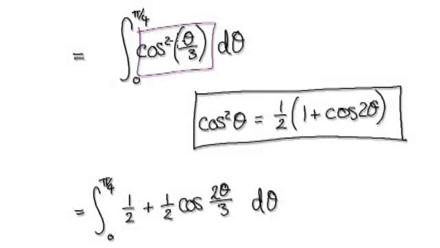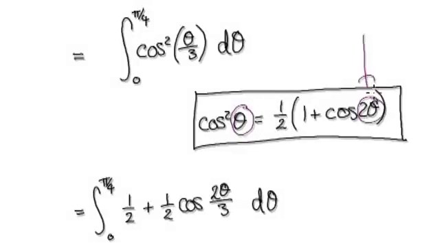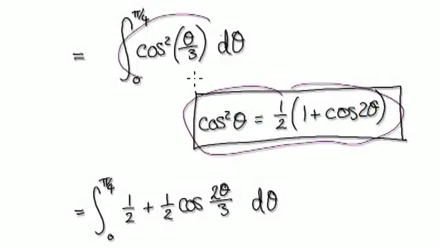To integrate this, every time you want to integrate cos squared or sine squared, you should think about this. If you have an angle theta, then this angle here will be twice this angle here. So making use of this, we can break this down to this.